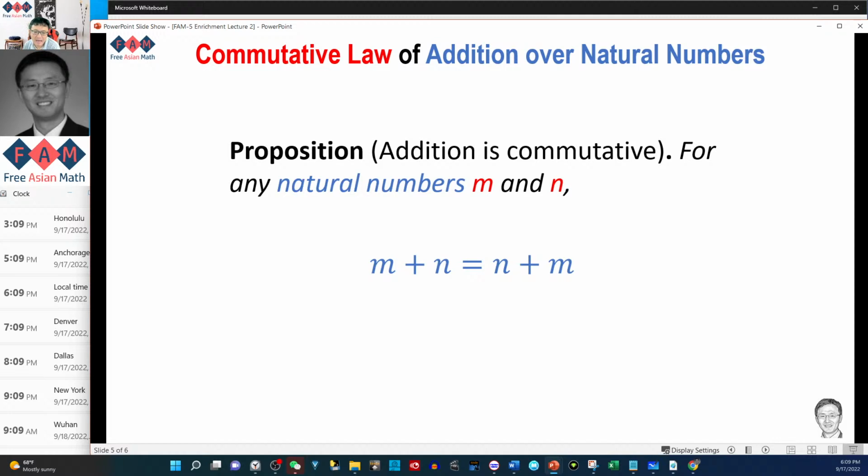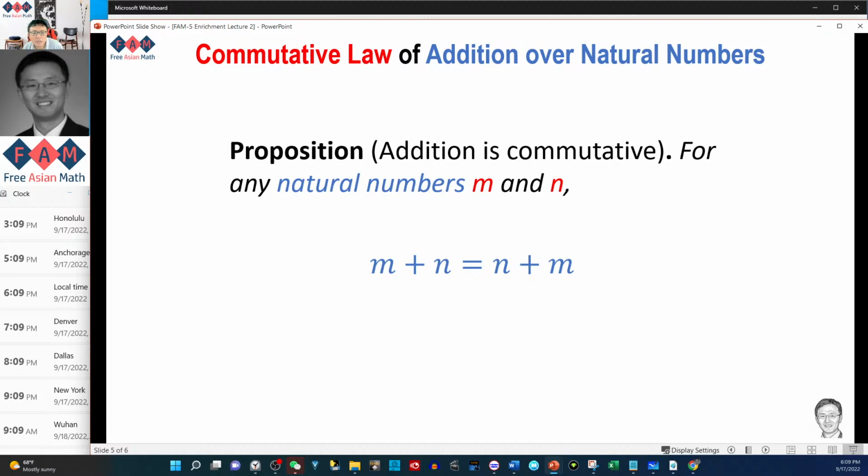But at the same time, the starting point m is also any natural number. Therefore, we just proved that for any natural numbers m and n, m plus n equals n plus m. And we finish the proof of the commutative law.